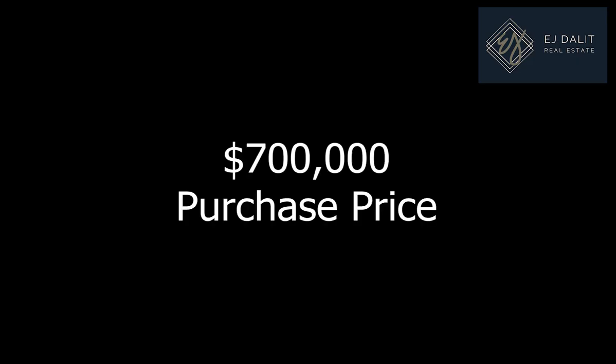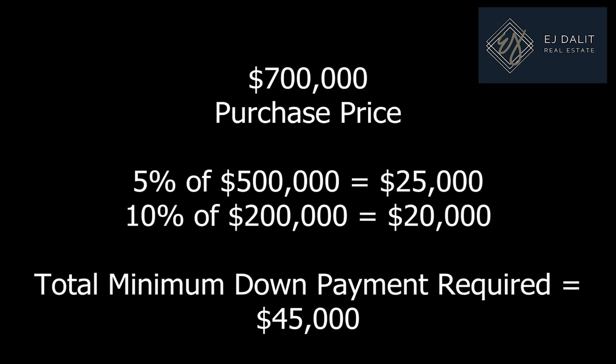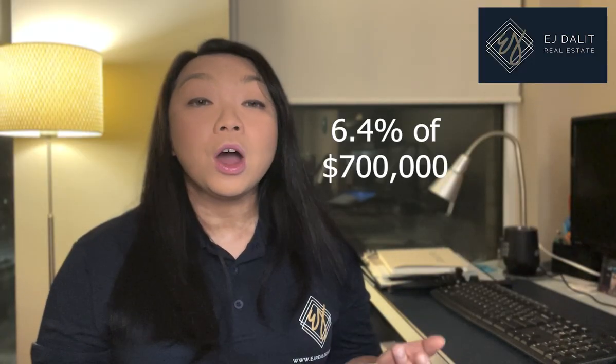For example, if you are buying a $700,000 home, the minimum down payment would be 5% on the first $500,000, which amounts to $25,000, and then 10% on the remaining $200,000, which is $20,000. So add both, and your total minimum down payment is $45,000, which is about 6.4% of the $700,000 purchase price.